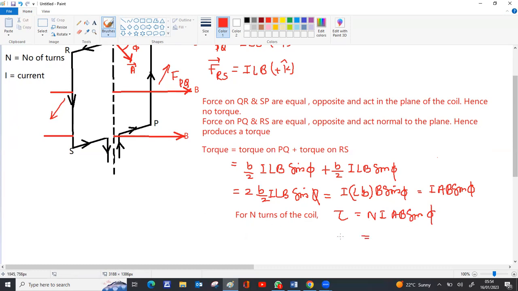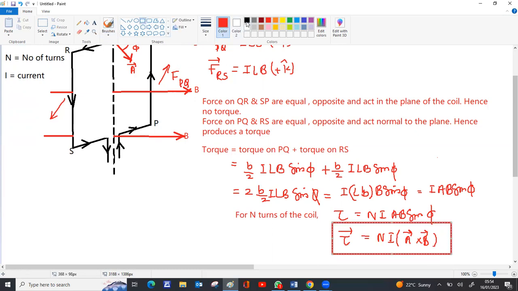If you want to write in vector form, torque N I A B sin phi, you can write as vector A cross vector B. A cross B is AB sin theta. So AB sin phi you can write as A cross B. So this is the final formula for torque on a current carrying coil in uniform magnetic field.